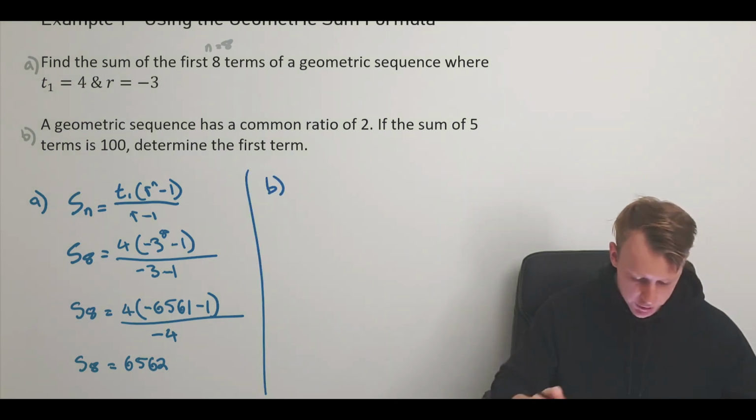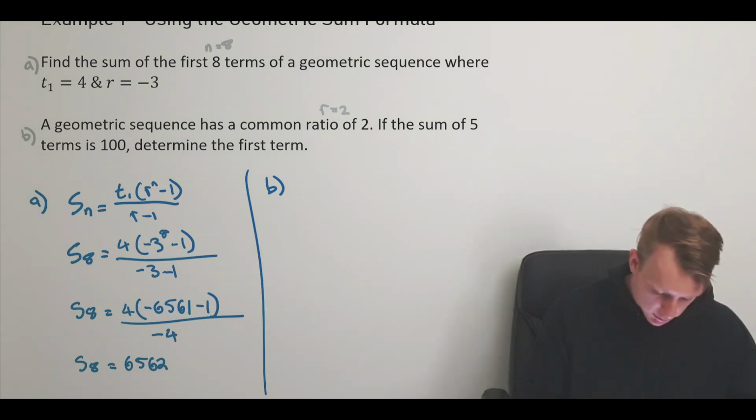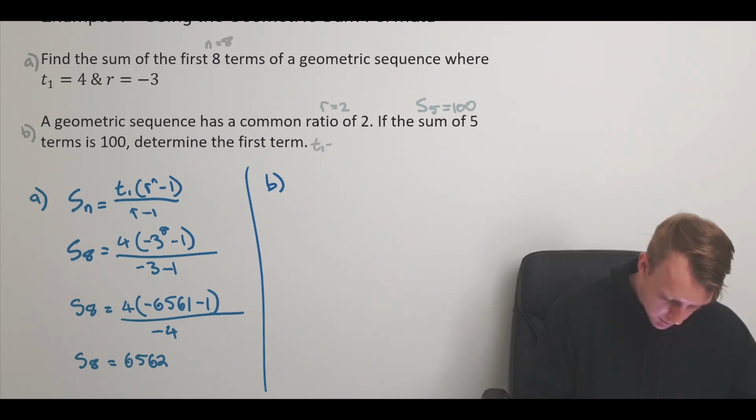Second example: a geometric sequence has a common ratio of 2, so that means r is equal to 2. If the sum of the first 5 terms, S of 5, is equal to 100, determine the first term, t of 1. Explicitly pointing out, in this case, n is equal to 5.